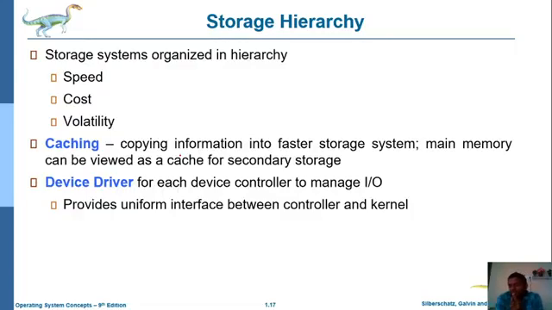That means if we are moving the data from secondary memory to main memory, here main memory is the cache for secondary memory. In case we are moving the data from main memory to cache memory, here cache memory is the caching for the main memory. If we are transferring the data from cache memory to register memory, here register memory is the caching for cache memory. In this manner.